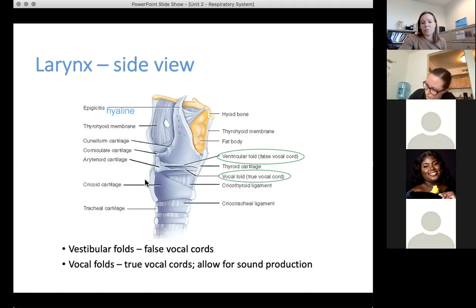Sorry, can you repeat that, please? Yep, it's the opening within the larynx, and it contains the vocal cords.